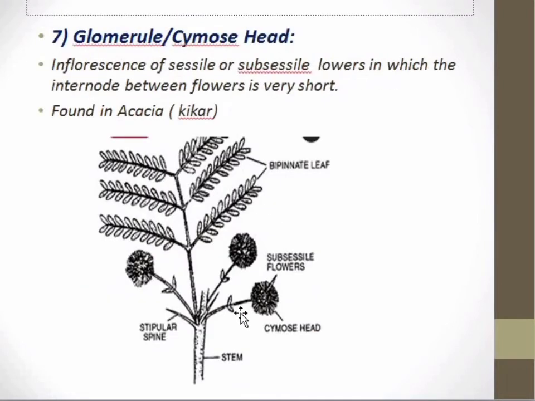In a glomerule or cymose head, there will be a very short internode between flowers. This is found in Acacia, Acacia senegal, Acacia arabica, or Acacia nilotica. The flowers have very short internodes. This appears as a head.